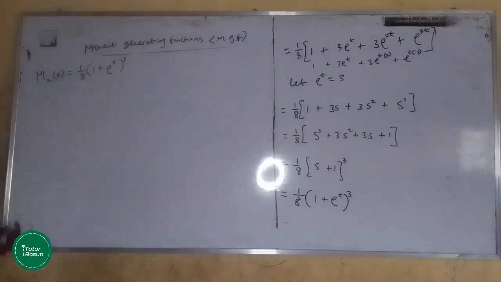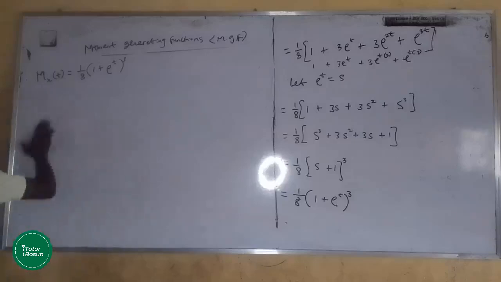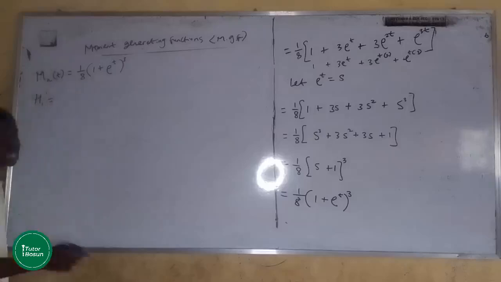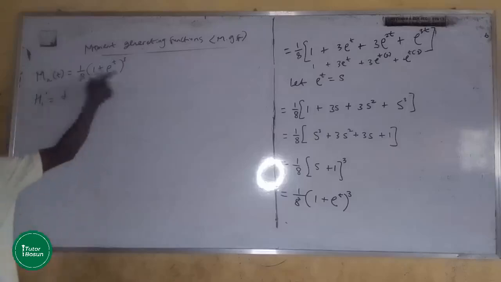So we will have to find our first moment and our second moment for us to be able to determine our variance. So what we need to do to get our first moment, v1 prime, which is equal to the first derivative. I already gave us the formula.